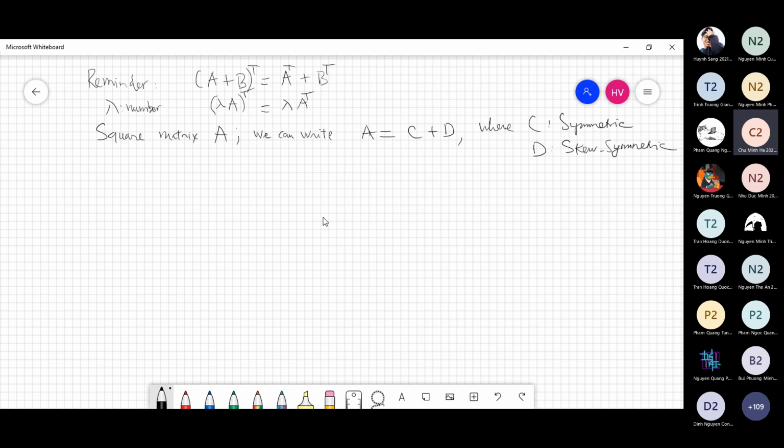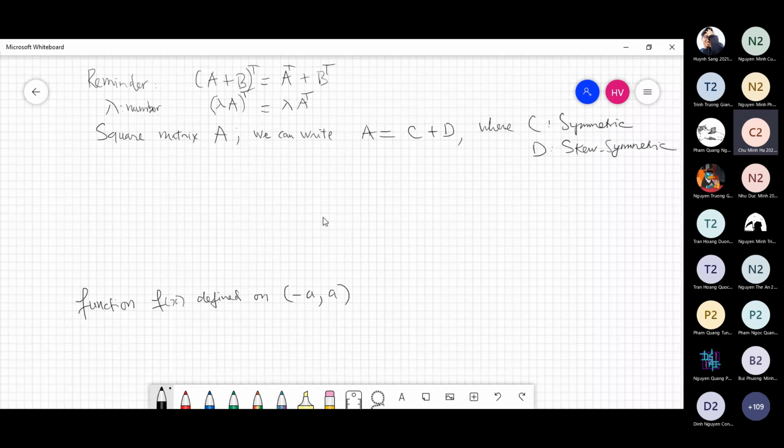How to do this? Let's remember what you already did in high school. If you have a function f(x) defined on a symmetric interval from minus a to a, for example, then there was a very interesting exercise in high school that we can write f(x) as a sum of an even function plus an odd function.